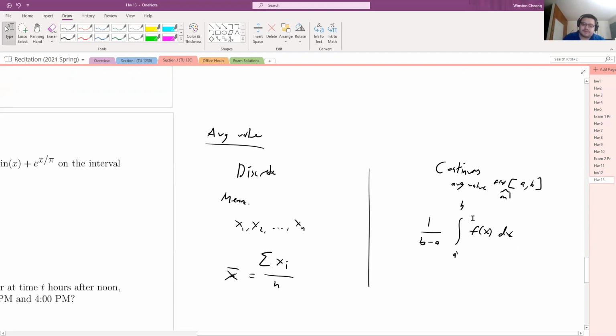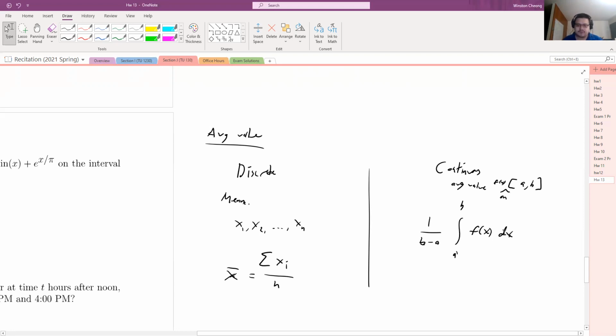The formula you'll see is this. And structurally, this is just this, except converted over to the continuous setting. This summation of xi's, summing up all the xi's, that's what this integral is doing. It's adding together all the different values.